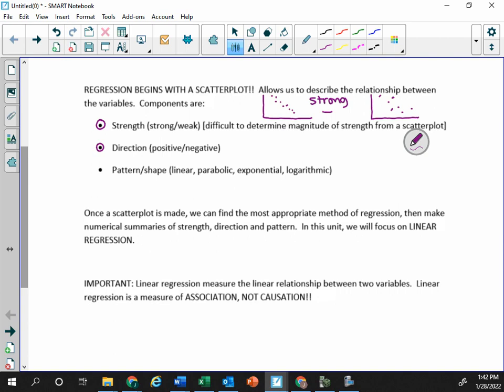As it gets weaker, sometimes it's hard to tell if it's positive or negative, like if it's just a big cloud of dots. If there's just no correlation, yes, it can be that. But this would be considered weak and negative.